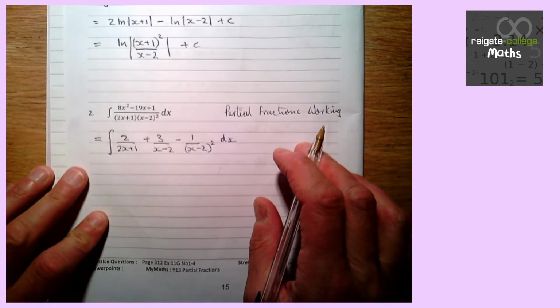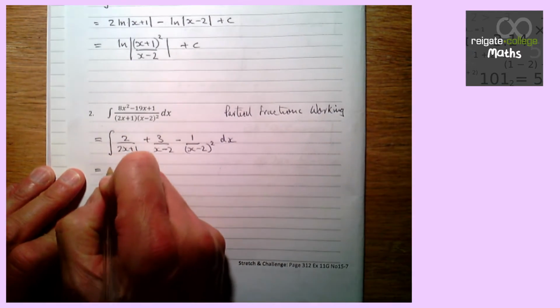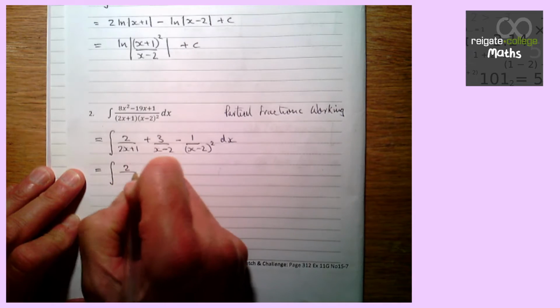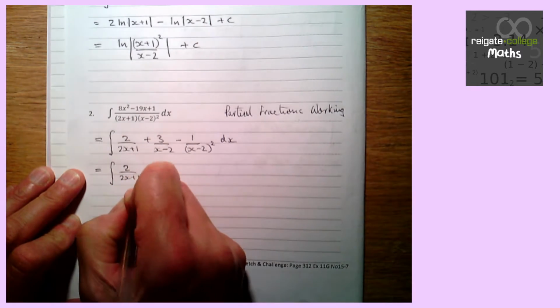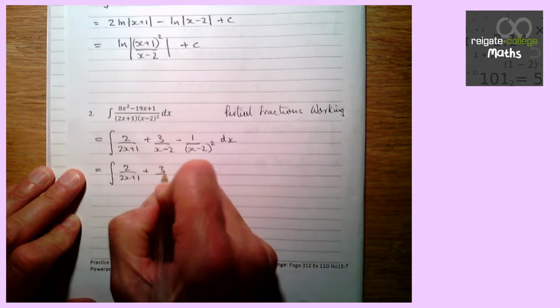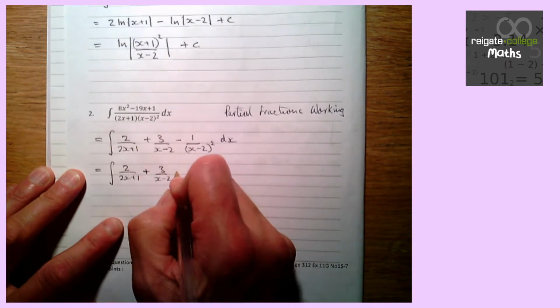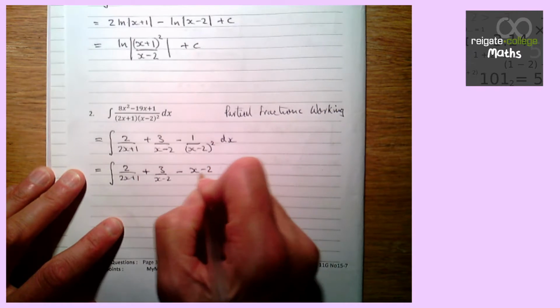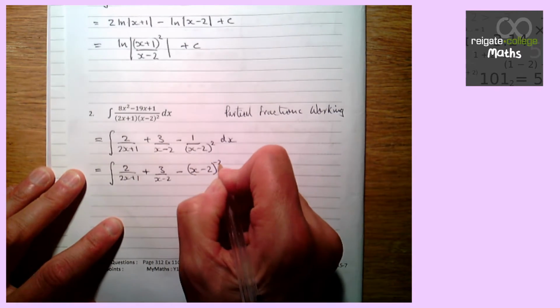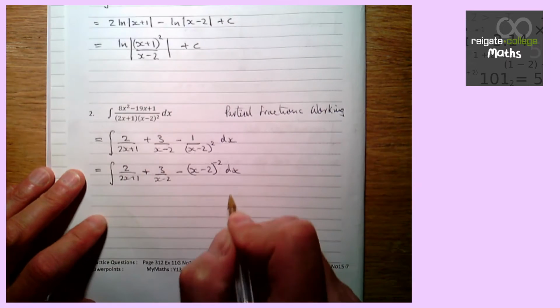Before I integrate, I'm just going to rewrite that last one, so 2 over 2x plus 1 plus 3 over x minus 2 minus x minus 2 to the power of minus 2 dx.